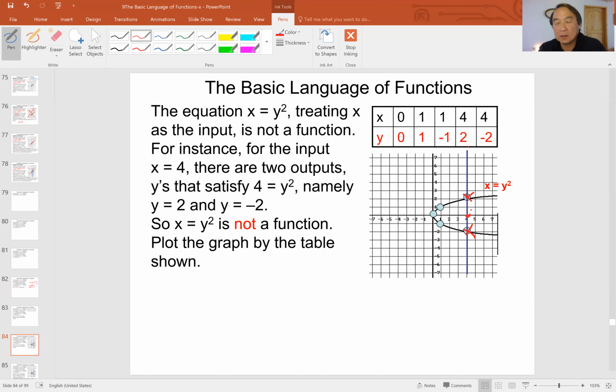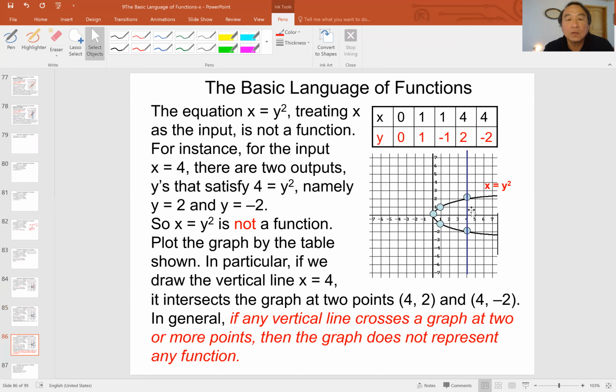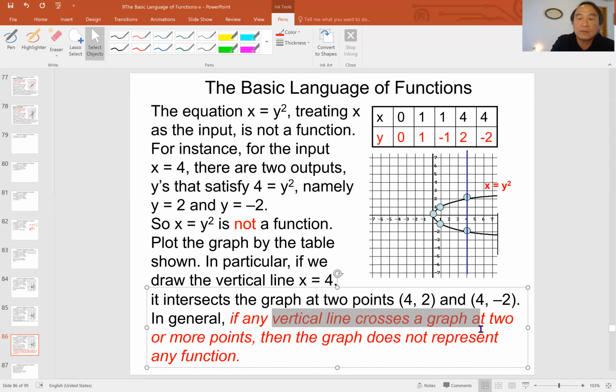And so this parabola pointing sideways is not a graph of a function. And in general, we have this function test for a graph. That is, if a vertical line passes through the graph picture at 2 points, then the graph didn't come from a function.